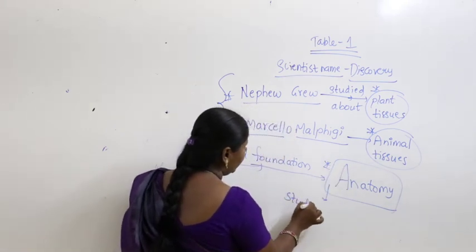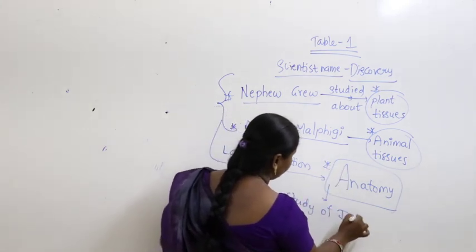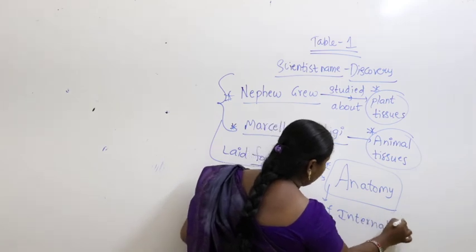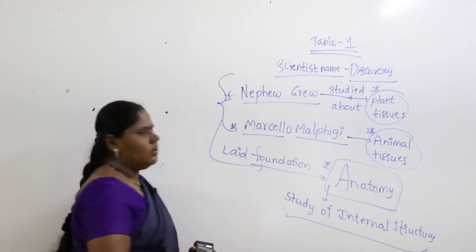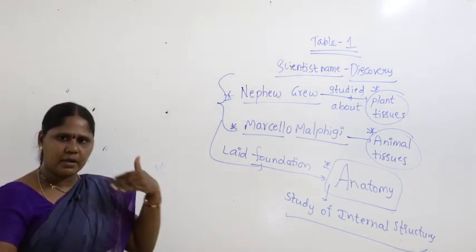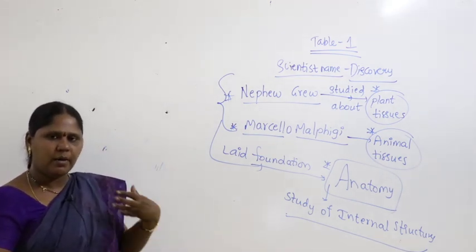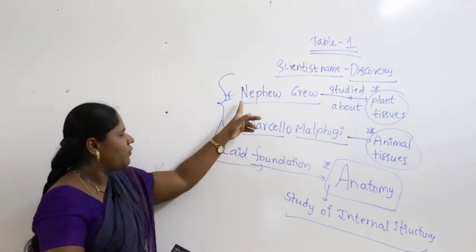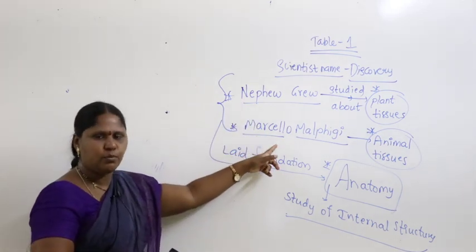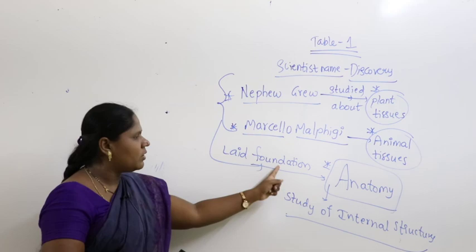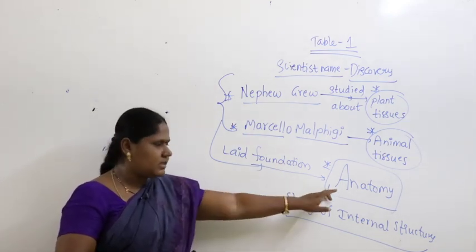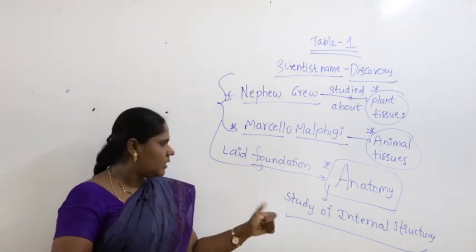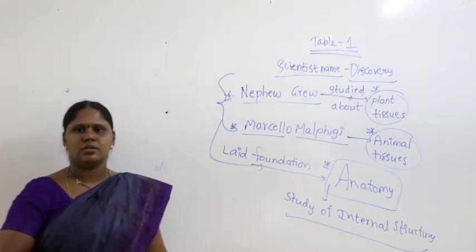Study of internal structures. In biology many branches are there. Nehemiah Grew and Marcello Malpighi both laid the foundation for the development of one branch of life science, anatomy. What is anatomy? Study of internal structures.